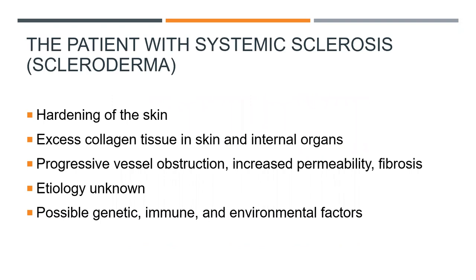This hardening of the connective tissue can damage blood vessels, the synovium, skeletal muscles, and also internal organs. What happens with this is we have very fibrotic, degenerative changes, and it causes problems in movement in the joints and can create problems within different organ systems, depending upon exactly how much collagen is present within the organ.